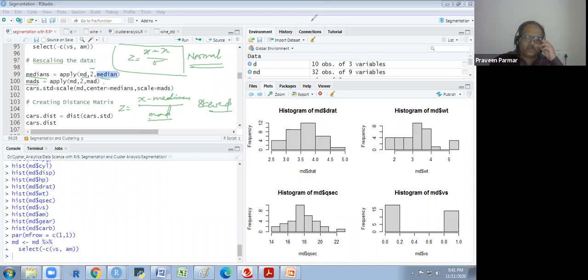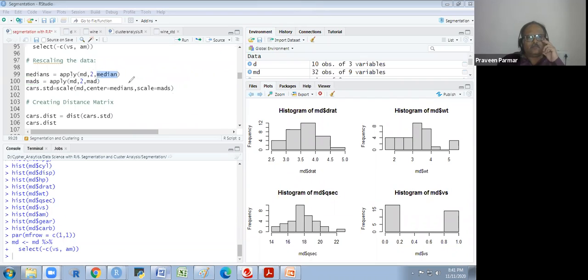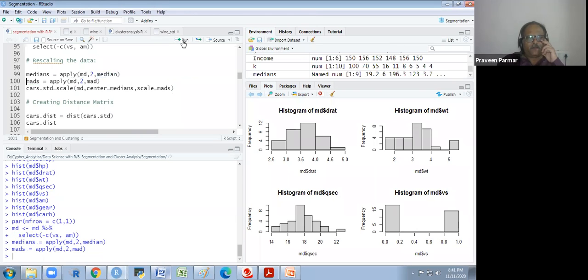I am just hypothetically taking some as normal, but I am considering them as skewed. I just run it, and I'm scaling the whole data now.